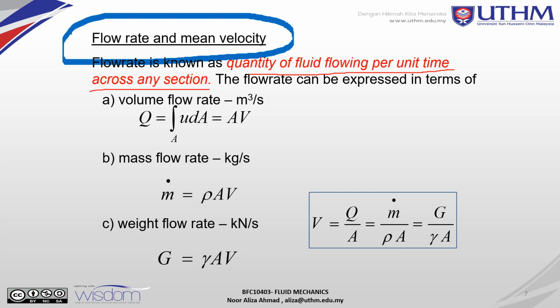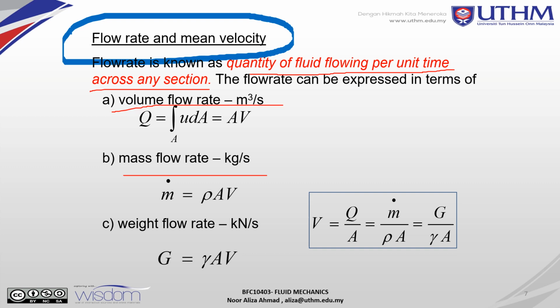The flow rate can be expressed in terms of volume flow rate, with units of meter cube per second; mass flow rate, with units of kg per second, and this is the equation for the mass flow rate; and weight flow rate, with units of kilonewtons per second.